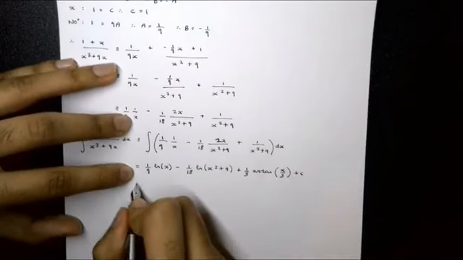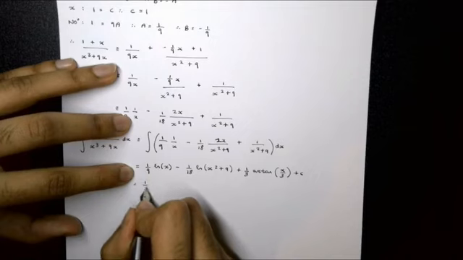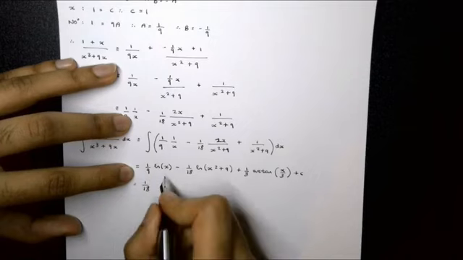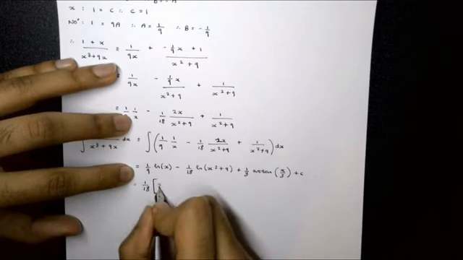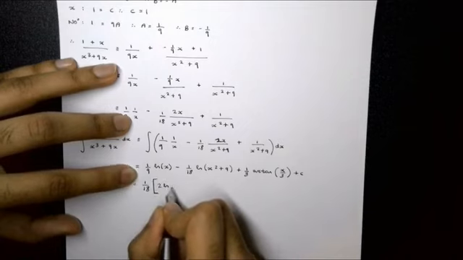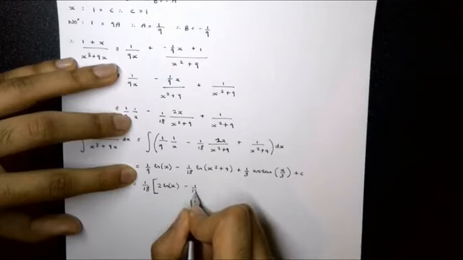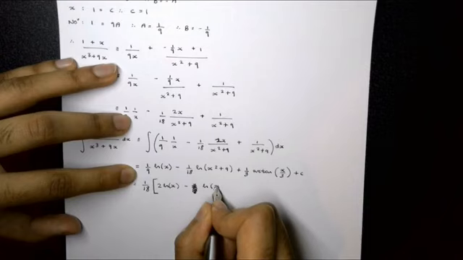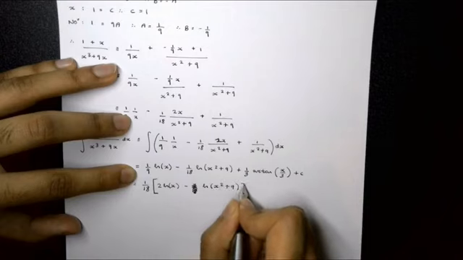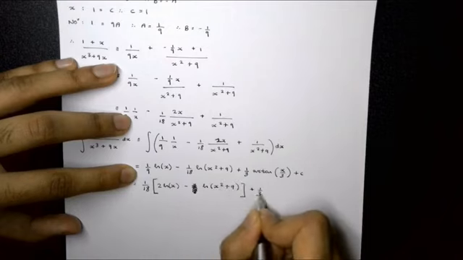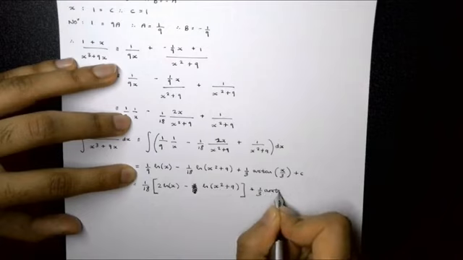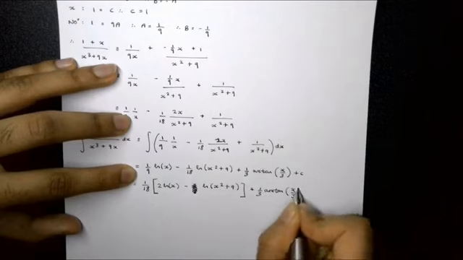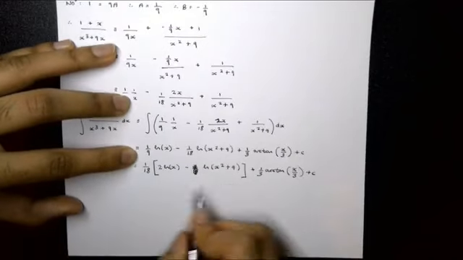So now if we tidy all of this up by taking out a 1 over 18 to combine these logs, we've got 1 over 18 times 2 times the natural log of x minus the natural log of x squared plus 9 plus 1 over 3 times the arctangent of x over 3 plus c.